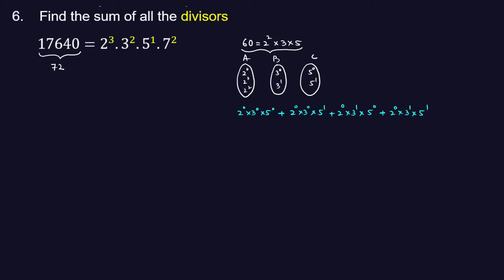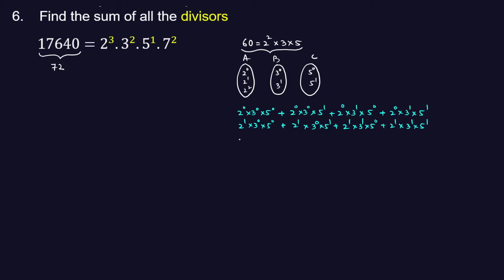What are the other divisors? Now choose 2 to the power 1 multiplied with 3 to the power 0 into 5 to the power 0. I am writing all the divisors in all possible ways. Then 2 to the power 1, 3 to the power 0 into 5 to the power 1. 2 to the power 1, 3 to the power 1 into 5 to the power 0. 2 to the power 1, 3 to the power 1 into 5 to the power 1.